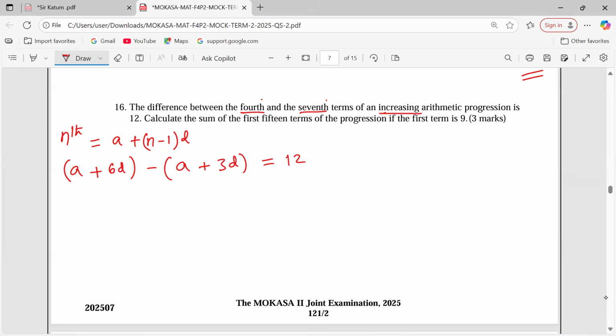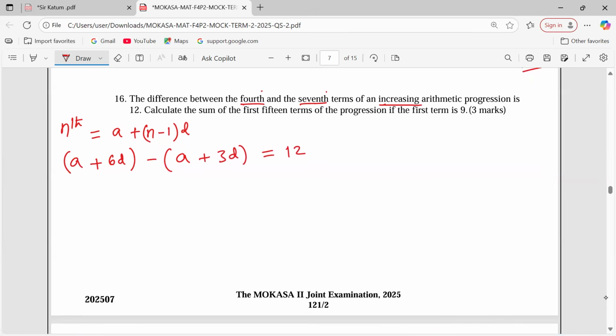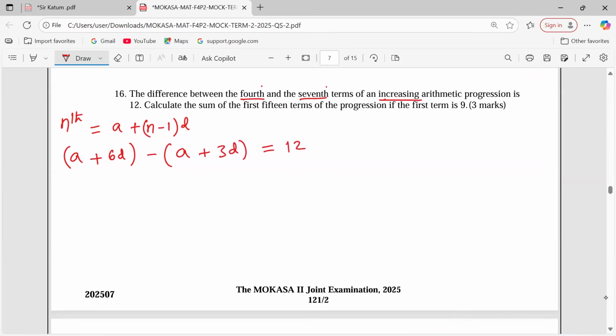Unless the difference was negative, then it would be the other way around, but we have a positive difference. So a plus 6d minus a minus 3d gives us 12. The a cancels out, then 3d is equal to 12, so the value of d is 4.